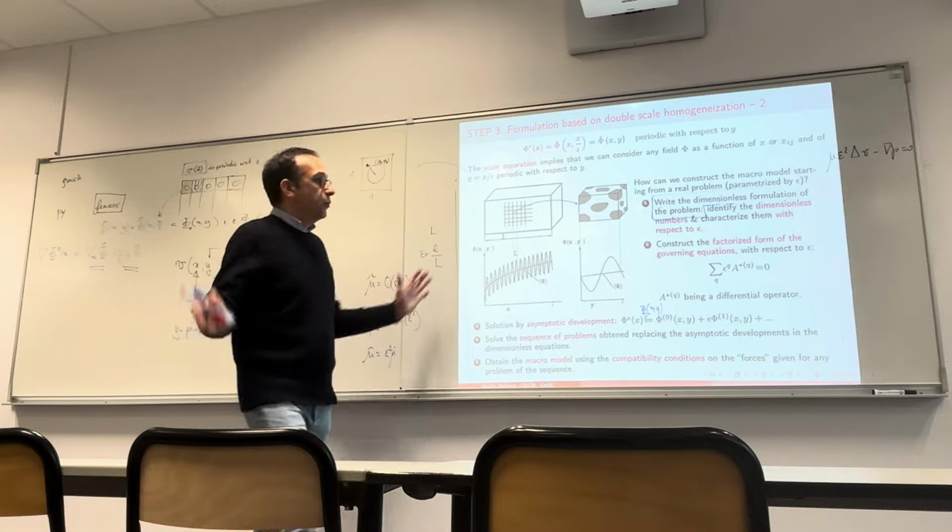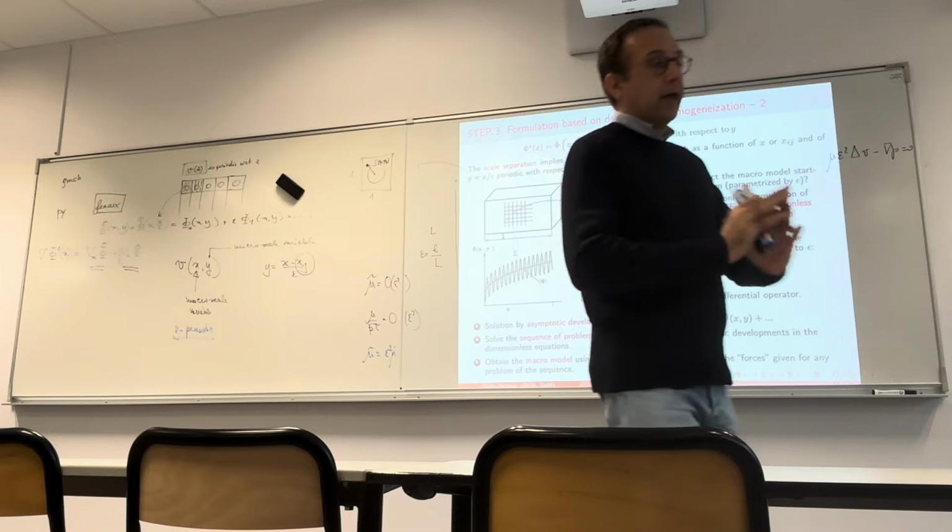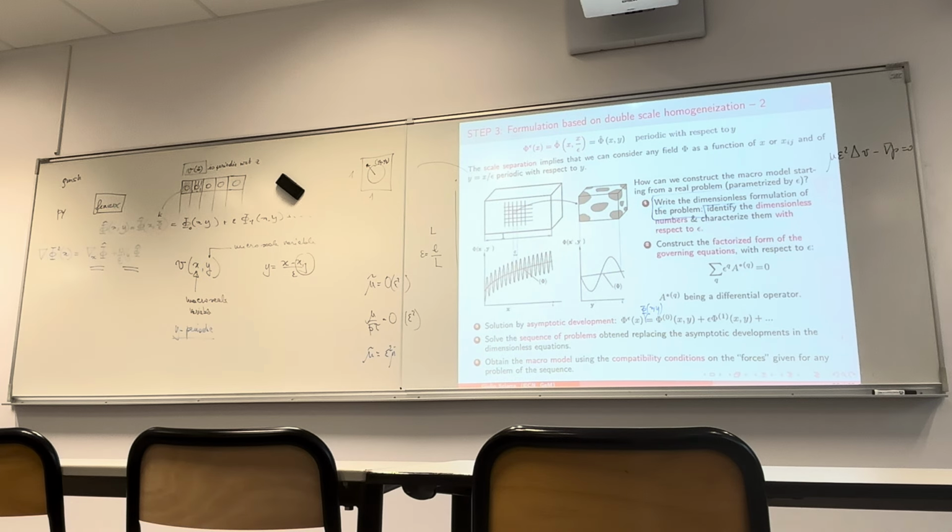And so now you put everything together, and you state the equation no more in terms of v and p, but in terms of v0, v1, v2, and all the terms that you want to consider, p0, p1, p2, and all the terms you want to introduce.